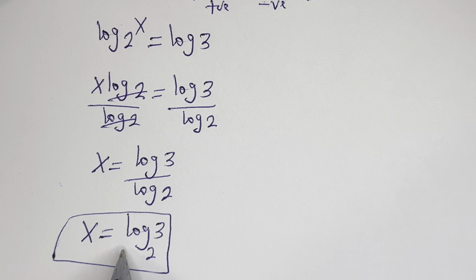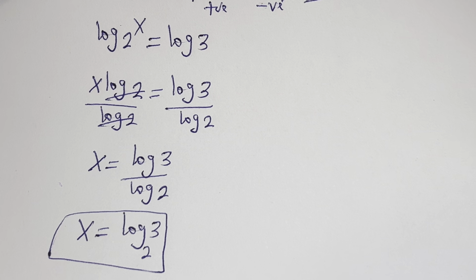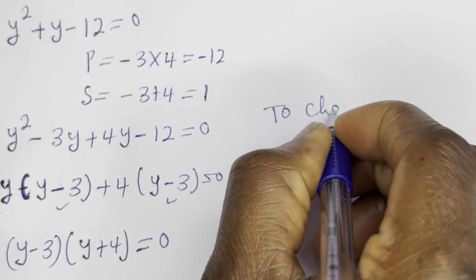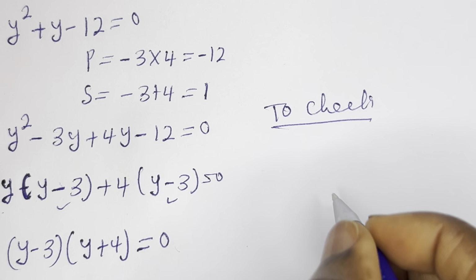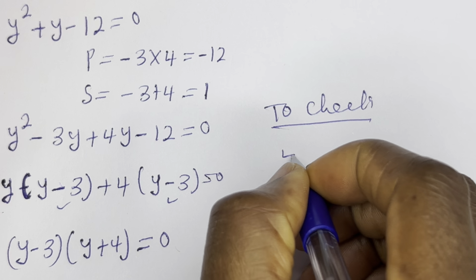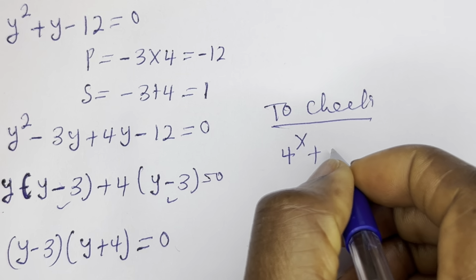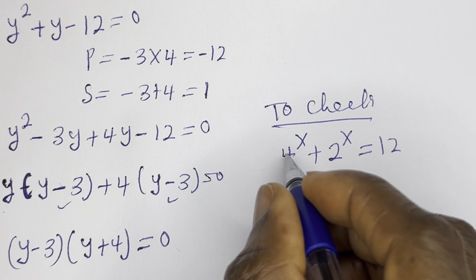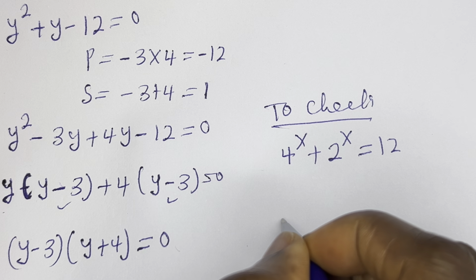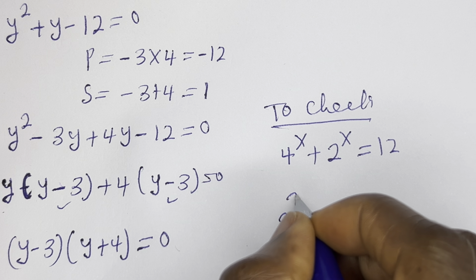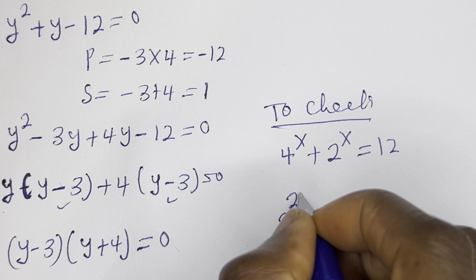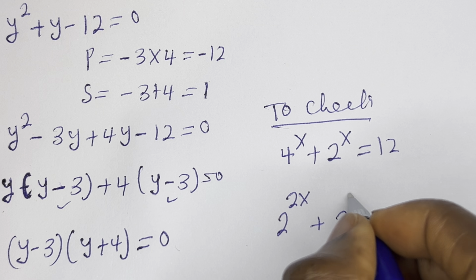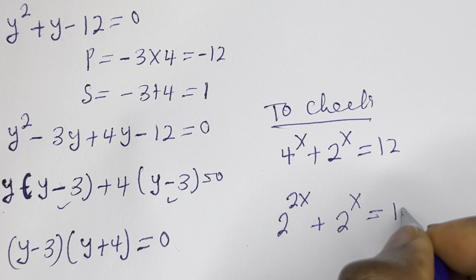We may check to confirm if this answer is right or wrong. Let's check. To check, we have the given equation 4 to the power of s plus 2 to the power of s is equal to 12. This can be written as 2 to the power of 2s plus 2 to the power of s is equal to 12.